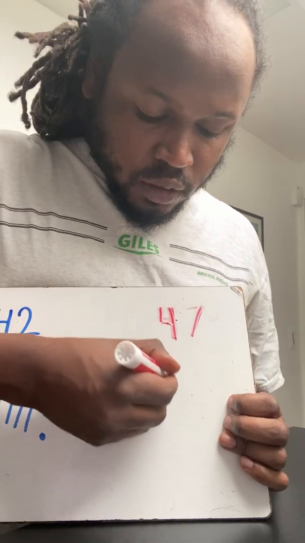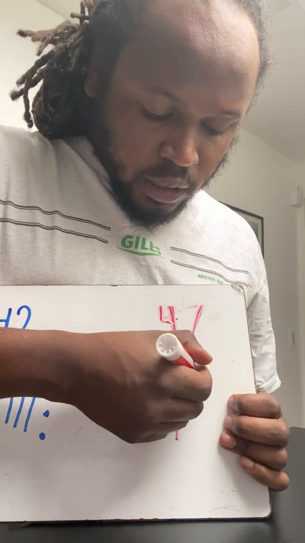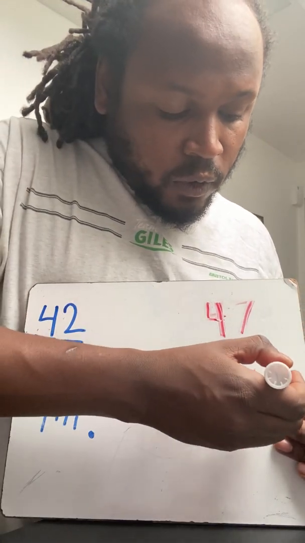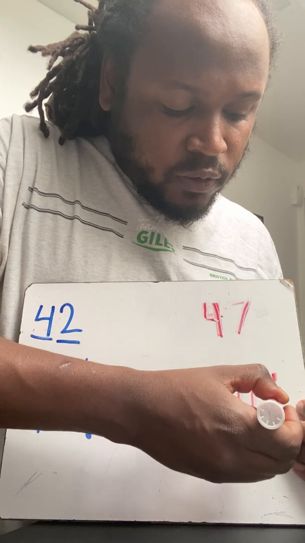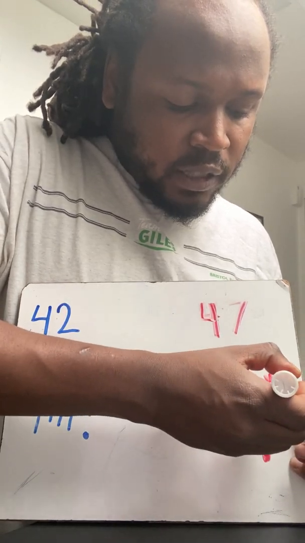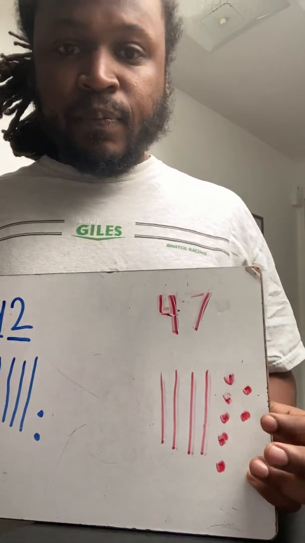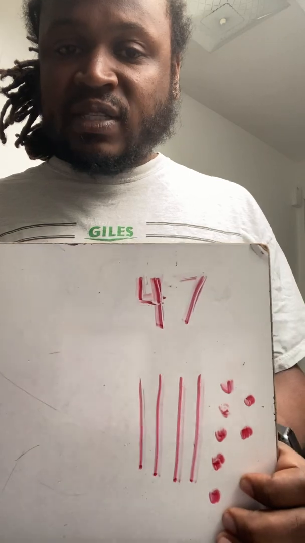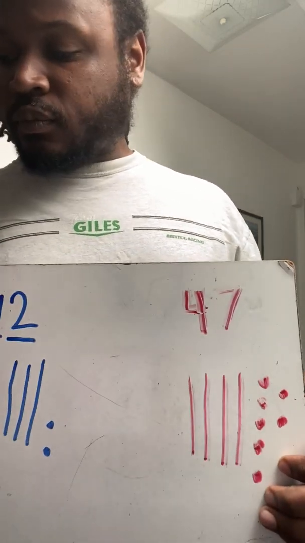Then over here, I have to build 47. So we're going 10, 20, 30, 40, 41, 42, 43, 44, 45, 46, 47. So right here on this side, I built 42. On this side, I built 47.